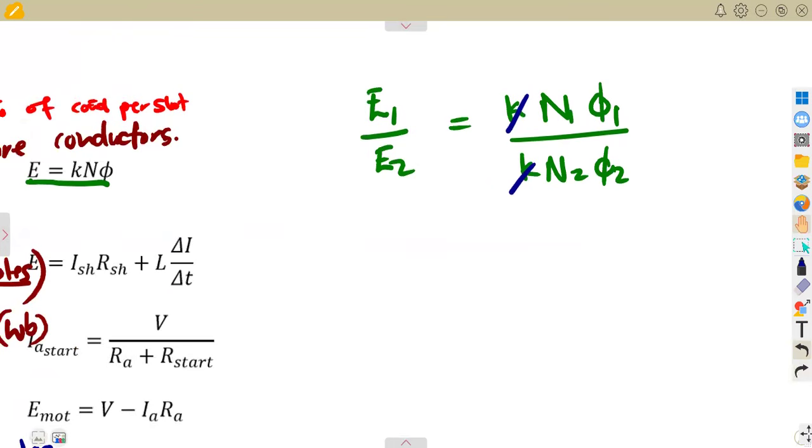Like initially you were given a certain condition, then in the second part, you're now given where the flux or the speed is changing. This is the best approach to use, which is simply taken from the relationship between the generated EMF and the speed and the flux.